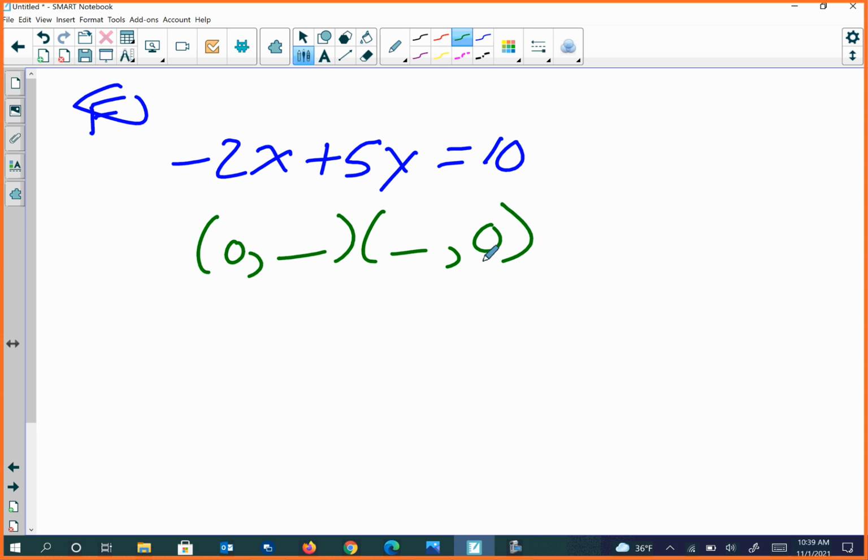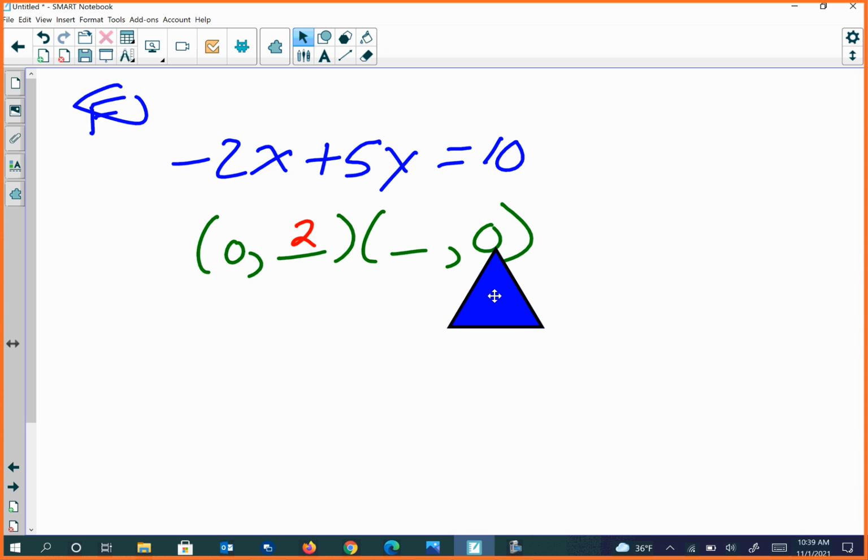Agree? So from there, I'm going to use my triangle. Triangle seems to be working nicely. All right, so is that 0 an X or a Y value? X, covered up. 5 times what number gives me 10? 2. Okay. And we're going to move this over here.